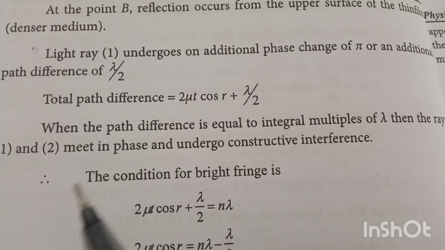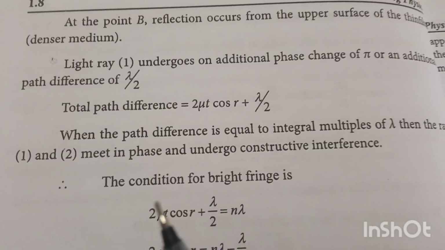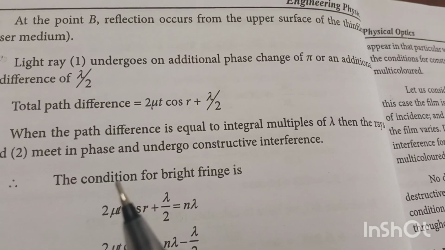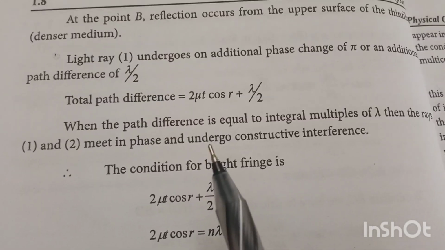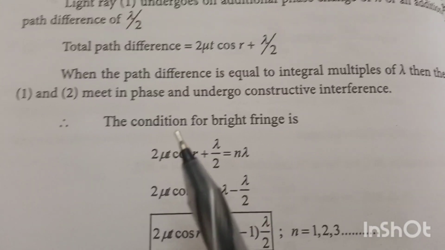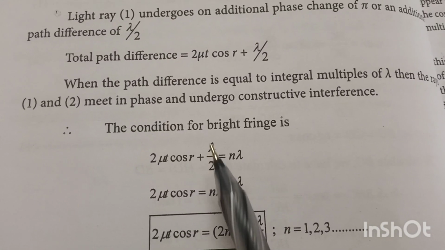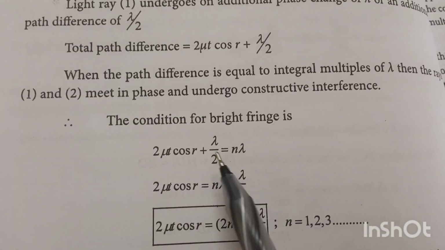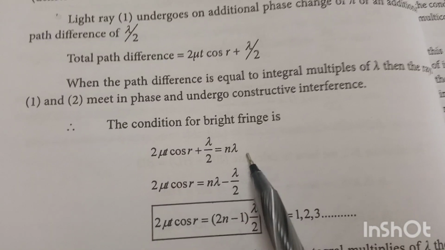You know that constructive interference means when the path difference is equal to integral multiples of the wavelength, then light rays 1 and 2 meet in phase and undergo constructive interference. Here the condition for bright fringes is that 2 mu T cos R plus lambda by 2, the total path difference, is equal to integral multiples of wavelength, that is n lambda.